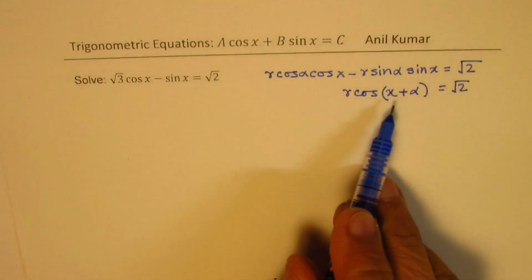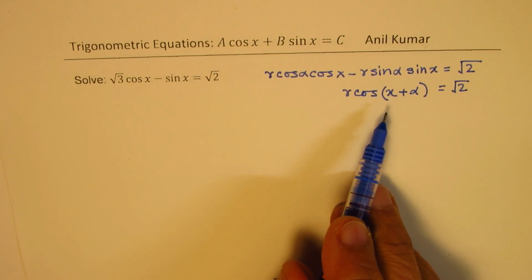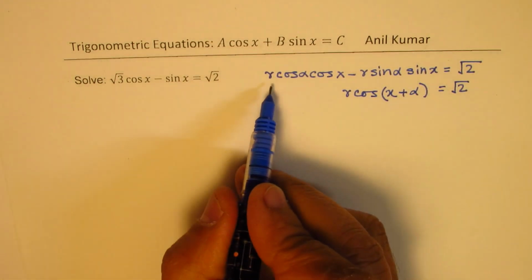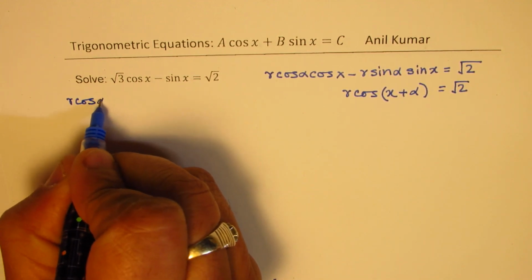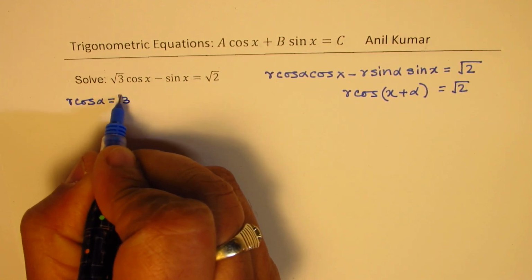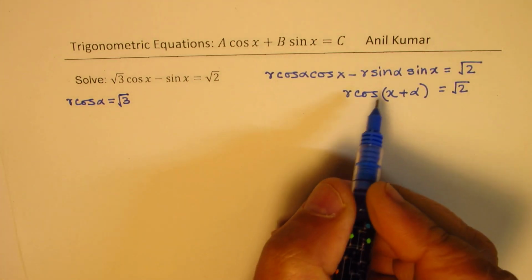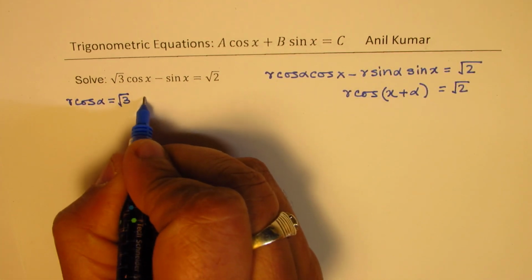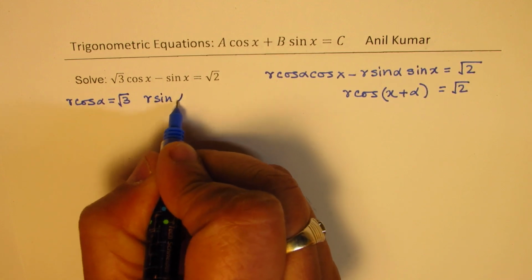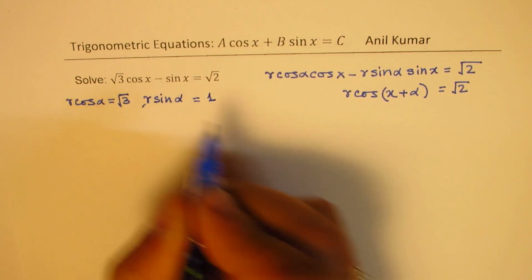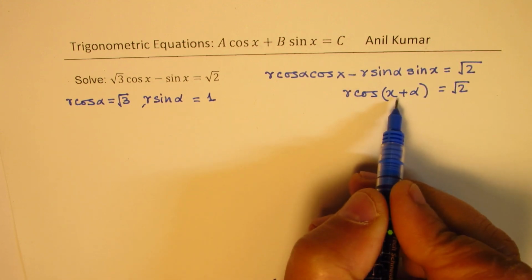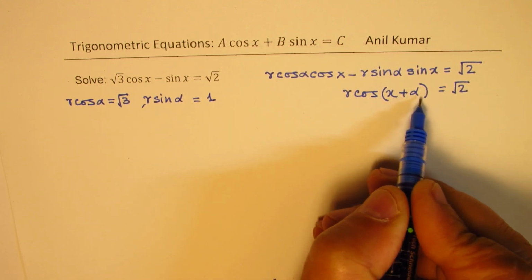Now keeping this strategy in mind, what substitution are we going to do? Well, clearly we have r cos alpha equals square root of 3, right? And r sin alpha equals 1, right? We'll not take negative. We are using negative here, and so we get the formula cos of x plus alpha.